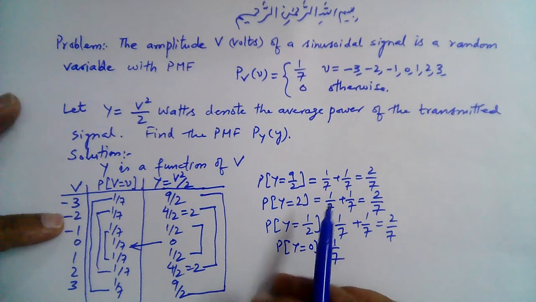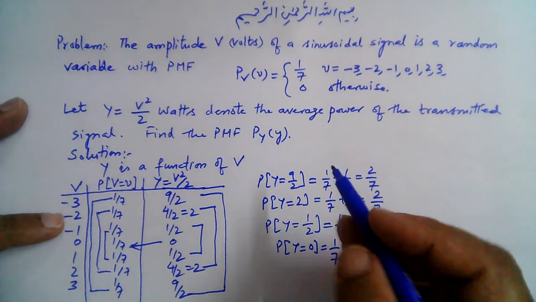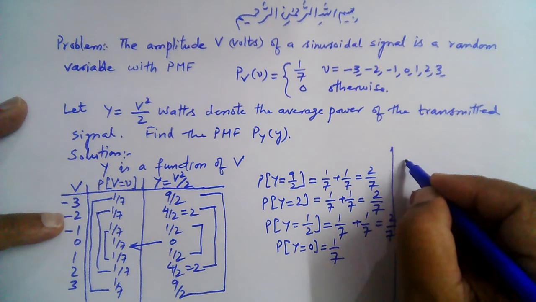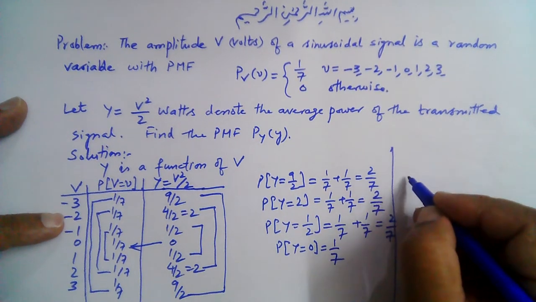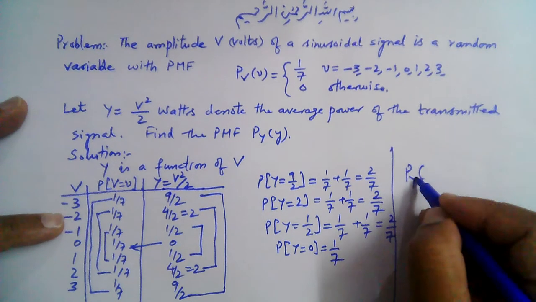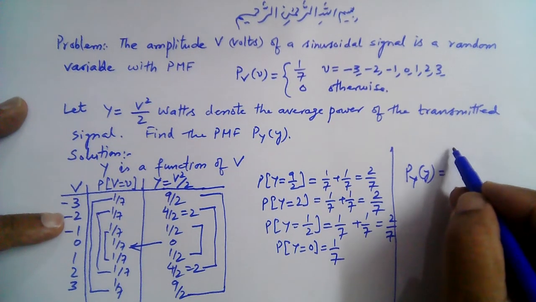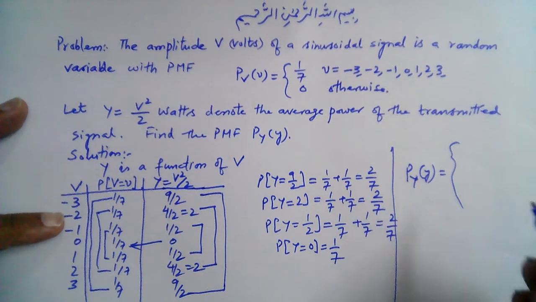So this gives us the probability distribution for the random variable Y, which we can now tabulate and write in this form. The probability mass function of random variable Y is given by something like this.